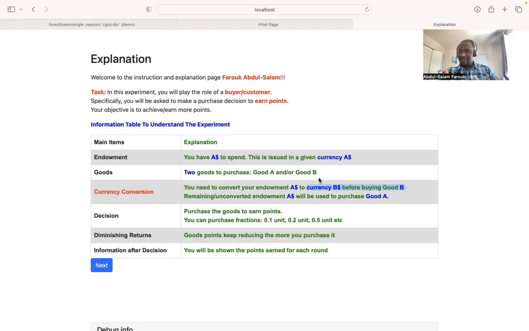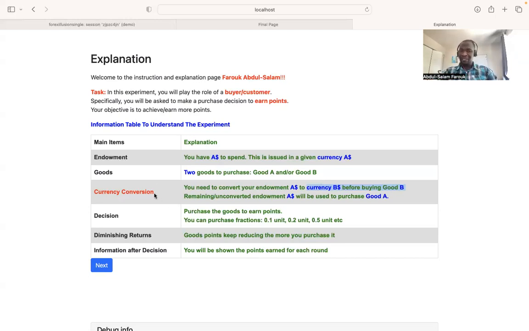Now, before you buy anything from Nigeria, you for sure will have to convert your Ghanaian currency, which here happens to be the currency A, to the Nigerian naira, which here happens to be the currency B, in order to buy the Nigerian goods, which is the good B. So just think of yourself as someone in Ghana trying to travel to Nigeria, and you're going to Nigeria to buy the stars from Nigeria, and the fact that you have to convert your currency from the cedi to the Nigerian naira in order for you to buy the Nigerian good. So that's basically the whole idea here.